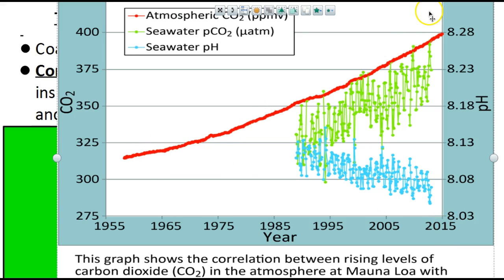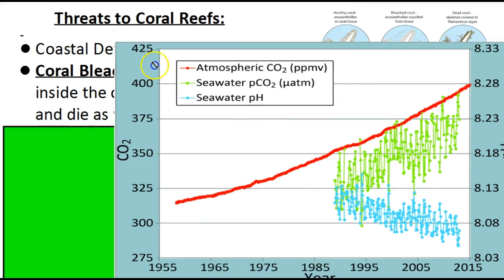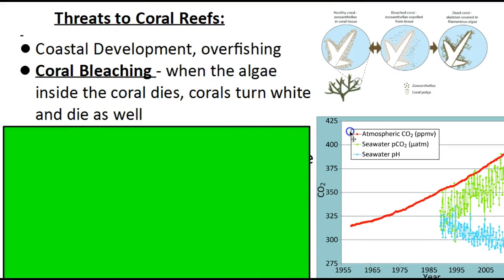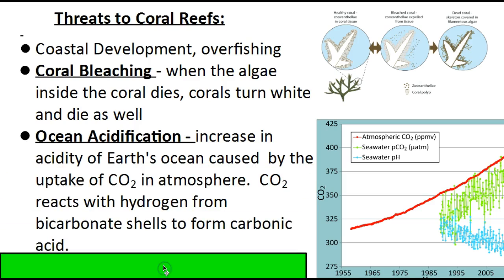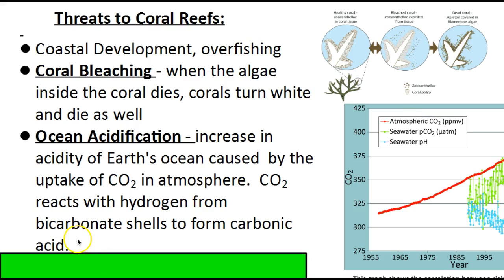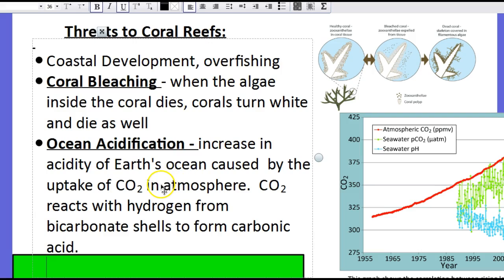So as our CO2 is increasing, more of that's getting dissolved in the ocean, and it's bringing the actual pH of the seawater down to more acidic. And that acidic seawater is actually causing some shells to basically decay, to get eaten up by that acid. Okay, so ocean acidification is an increase in acidity of the Earth's ocean caused by uptake of CO2.